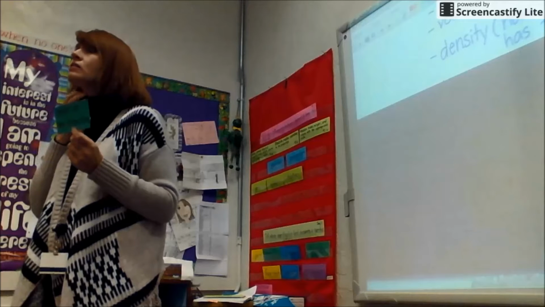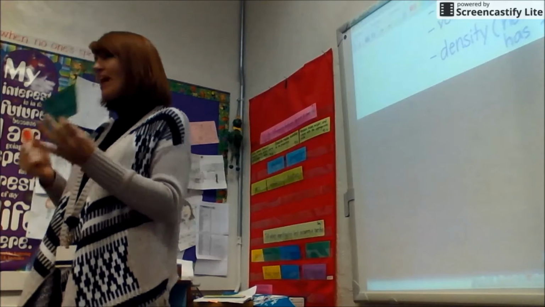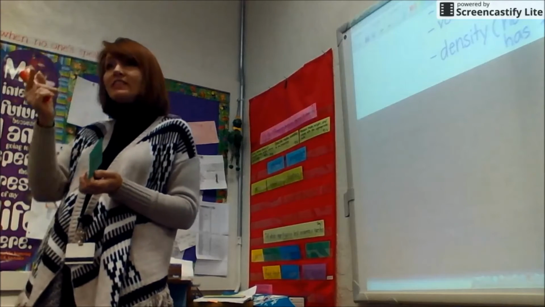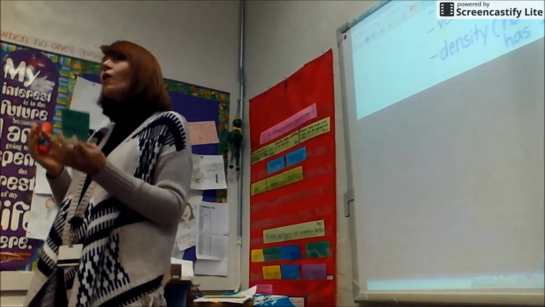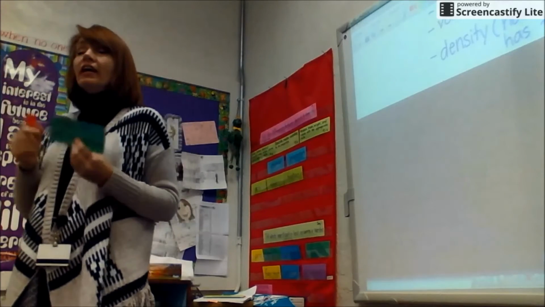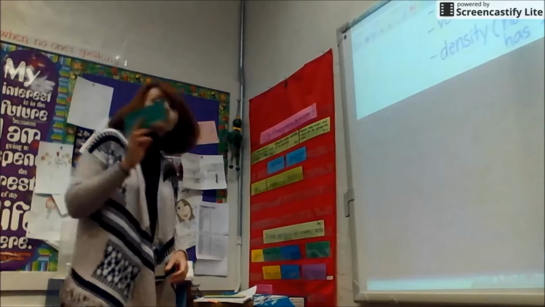Either add heat or cold. Well, yeah, so we don't add cold, we either add heat or remove heat. A lot of times we think of it that way, oh, let's give it some cold. But actually, cold is really a measure of less heat than you had before. So in order to make something change state, we need to either add heat or remove heat.